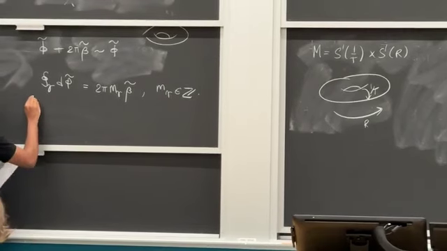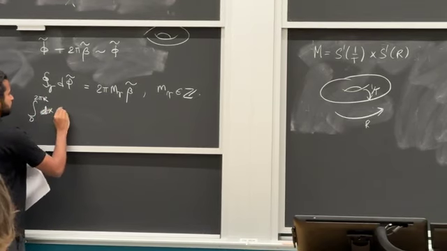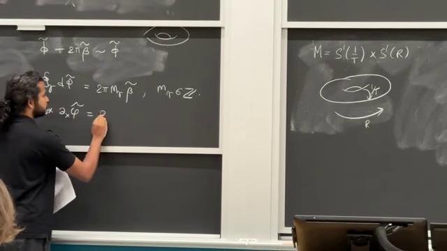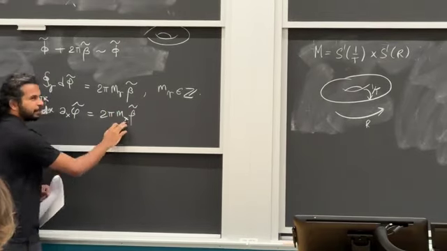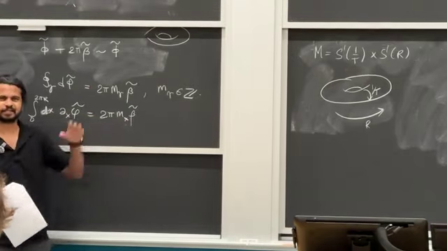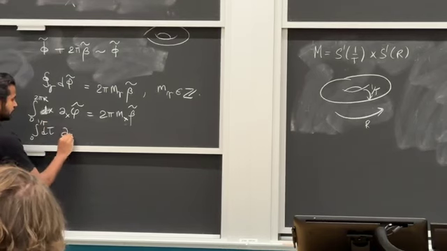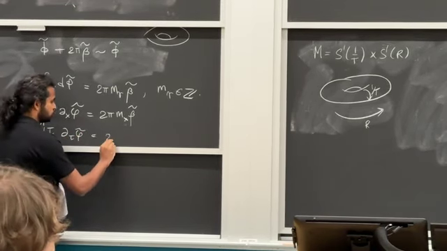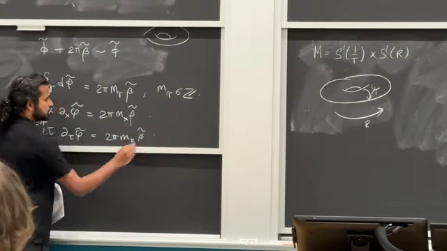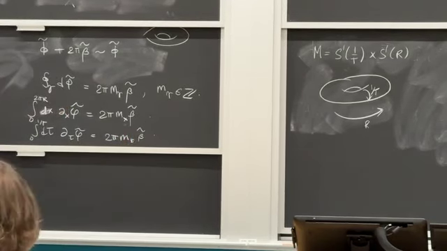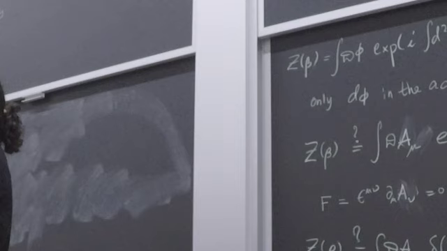So I have integral from 0 to 2 pi R of dx, dx phi tilde is 2 pi m along the x direction beta tilde. This sub x just means winding number in the x direction, and I have integral of d tau from 0 to 1 by T, d tau phi tilde is 2 pi m time beta tilde. These are the 2 windings I have for the finite temperature version of our string theory.